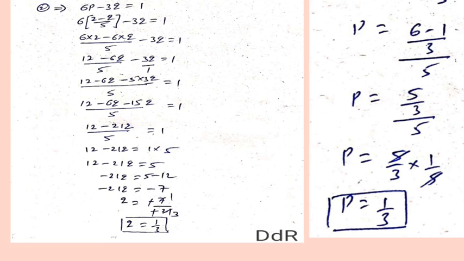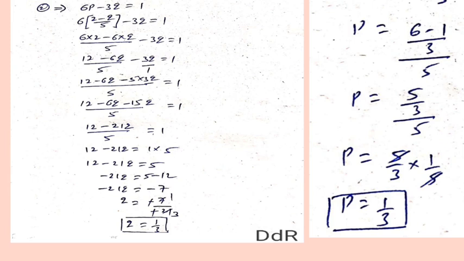So 12 minus 21q equals 5. Next, 12 transposes to the RHS side and becomes minus 12. Then minus 21q equals minus 7. Next, minus 21 transposes to the RHS side as it is. So minus 7 by minus 21. Minus and minus cancel, 7 ones are 7, 7 threes are 21. So the q value is 1 by 3.